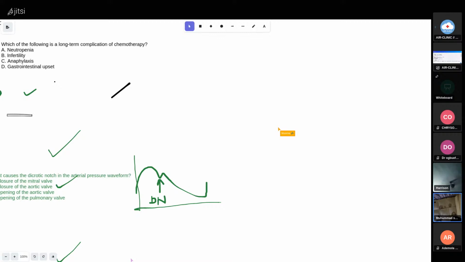Cells obtain cholesterol via option A, phagocytosis, endocytosis, exocytosis, diffusion. So it's not bad.